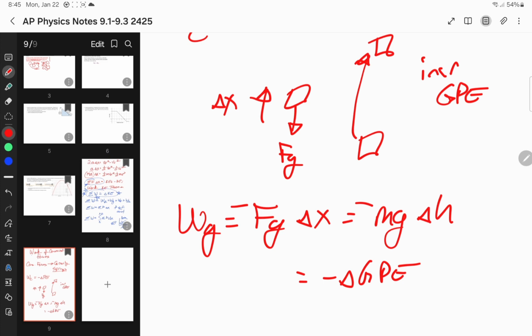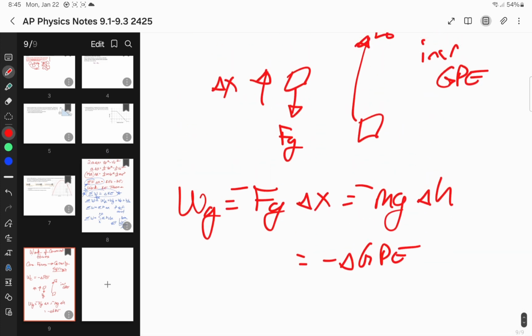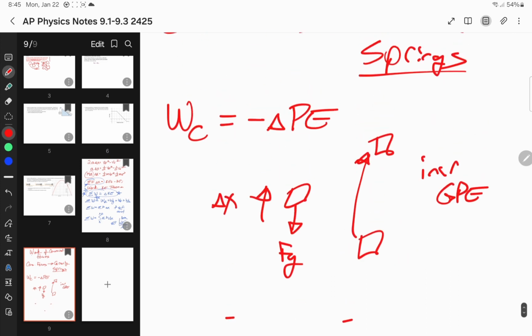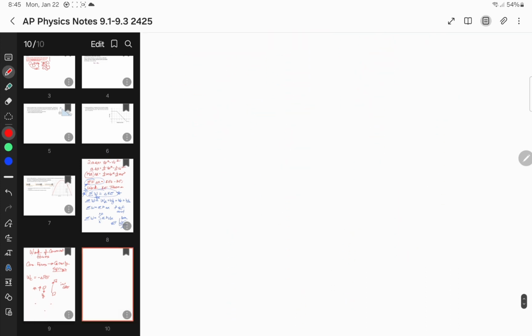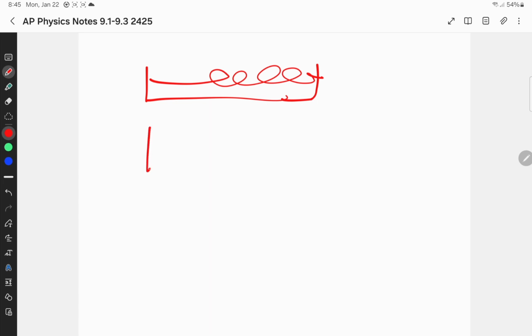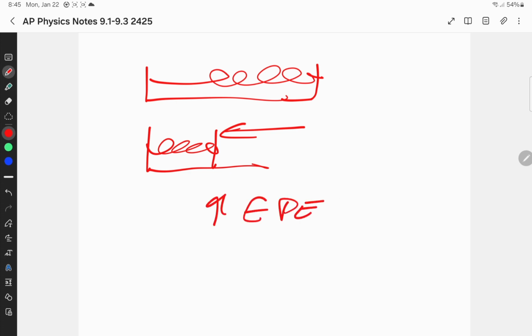Okay? Same essential idea is true for springs, that when you squish a spring, the spring is working against you, right? All right, so if you imagine squishing a spring, as I squish the spring, I'm increasing my elastic potential energy, but as I do that, my displacement is this way, the force of the spring is this way, so the work of the spring is going to be a negative number, right?